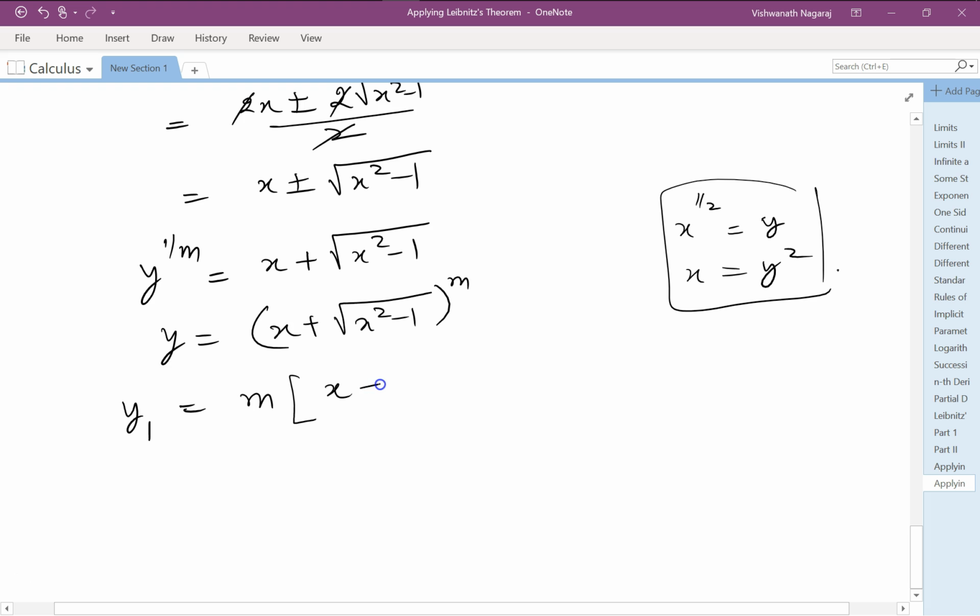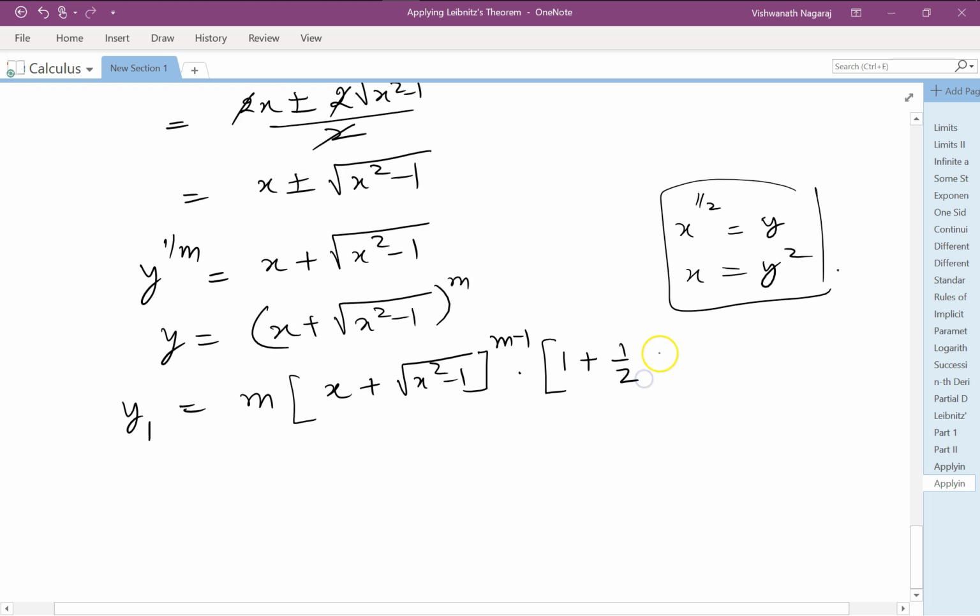m times x plus square root of x square minus 1 to the power of m minus 1, remember exponent first. Now within the bracket, whatever is there, we differentiate that. So that becomes 1 plus the square root, which is x square minus 1 to the power of 1 by 2.